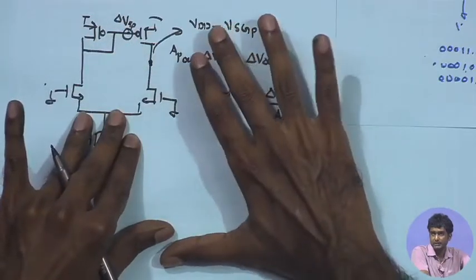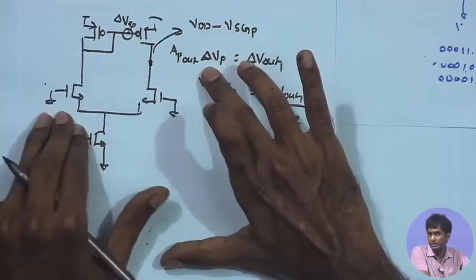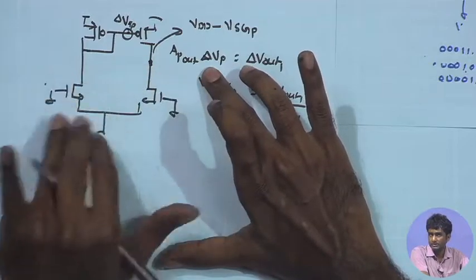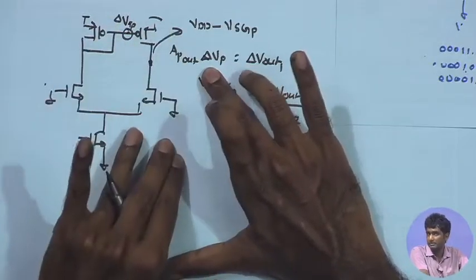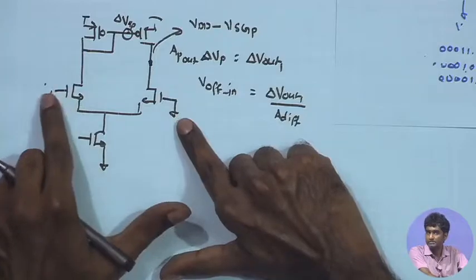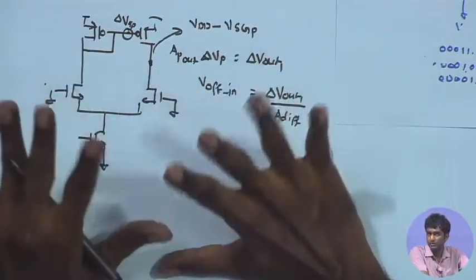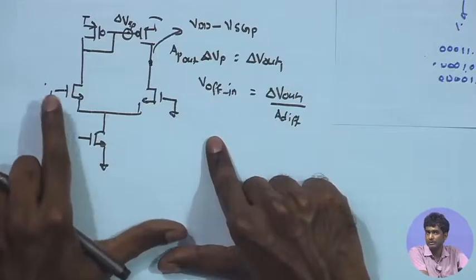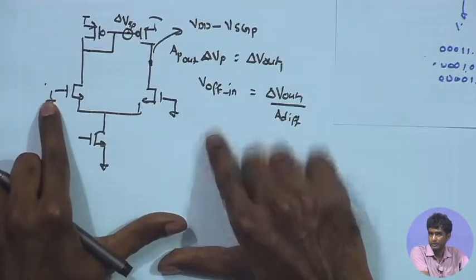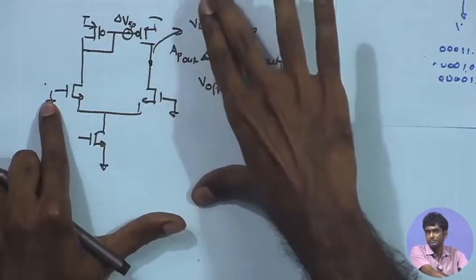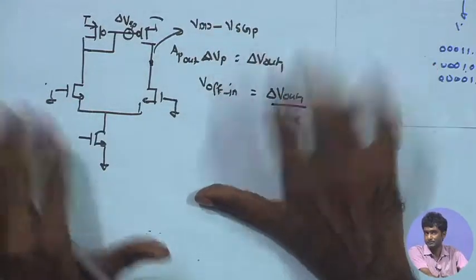Second stage offset, if we refer it to the input, will be divided by the gain of the first stage, so compared to the first stage it will be significantly suppressed. So, the mismatch in the first stage, the PMOS pair and the NMOS pair, plays the dominant role in determining the input referred offset of the amplifier, not so much the second stage, similar to the noise effect.